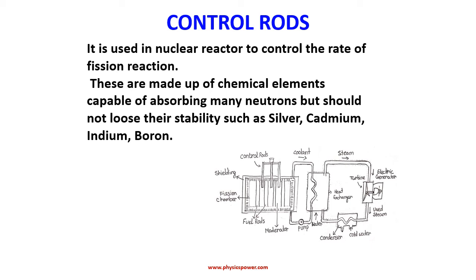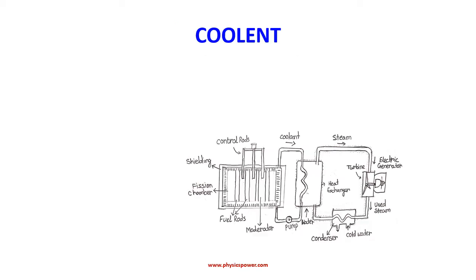We use these to absorb the neutrons, but they should not lose their stability. That is why we are using these elements. These elements can absorb the neutrons, but they will not lose their stability. So that is why these elements are useful as control rods in a nuclear reactor.